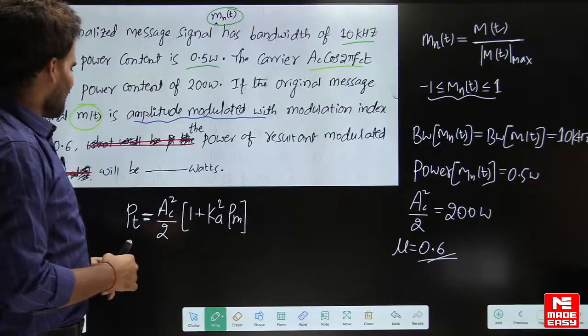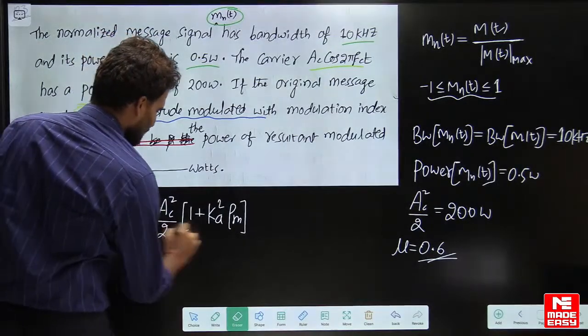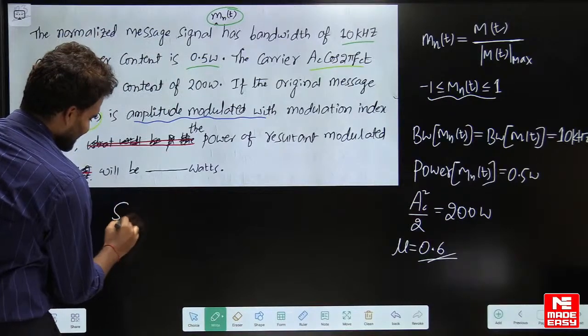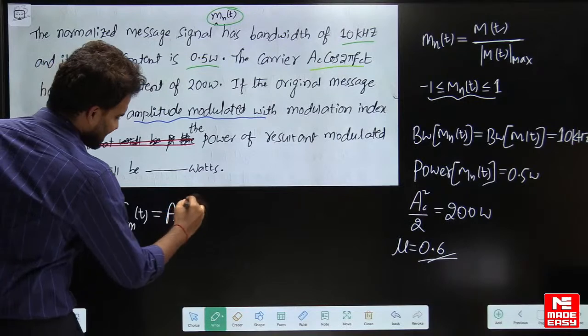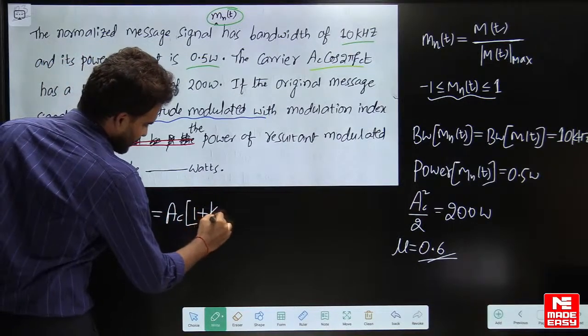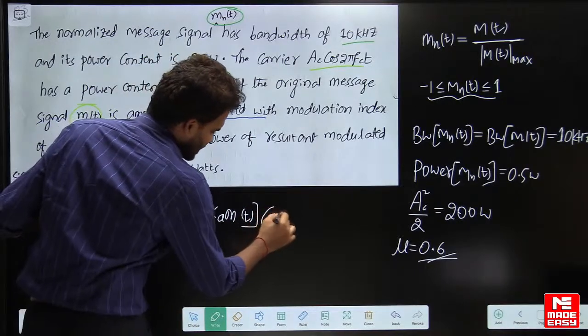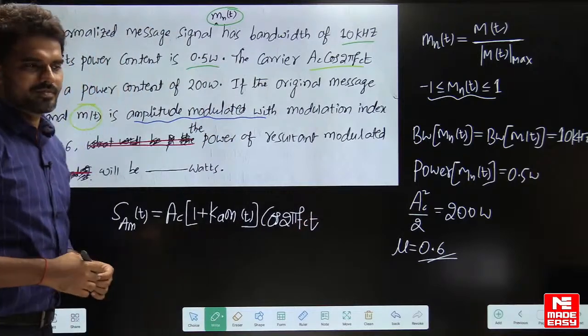Let me do it like this. If you see the AM expression, let me write it this way. The general expression of AM is AC times 1 plus Ka MT, cos 2 pi FCT.